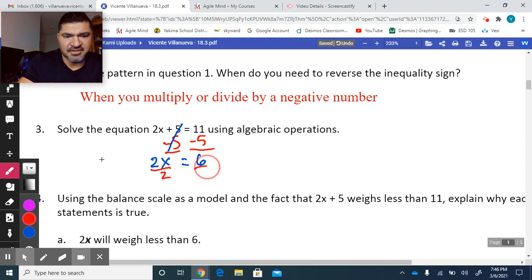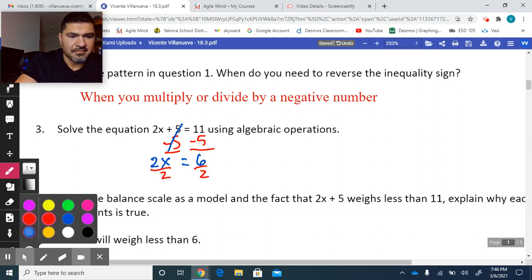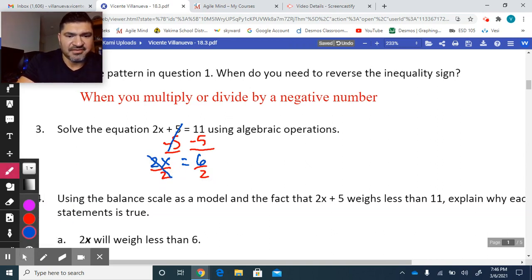And what I do to one side, I do to the other. Okay, 2 divided by 2 is 1. 1 times x is just x. Equals, and on this side I have 6 divided by 2, that equals 3. So x equals 3.